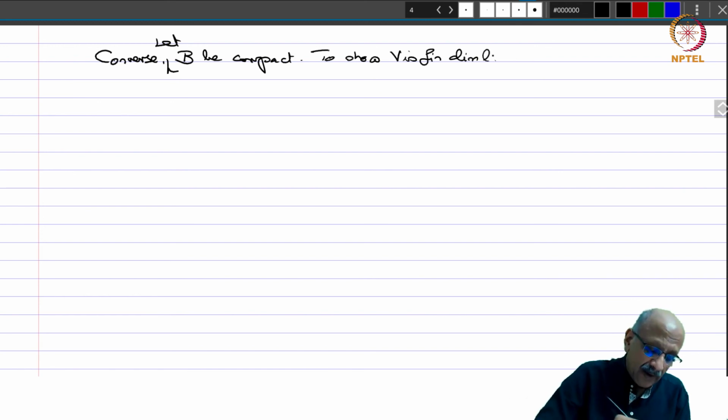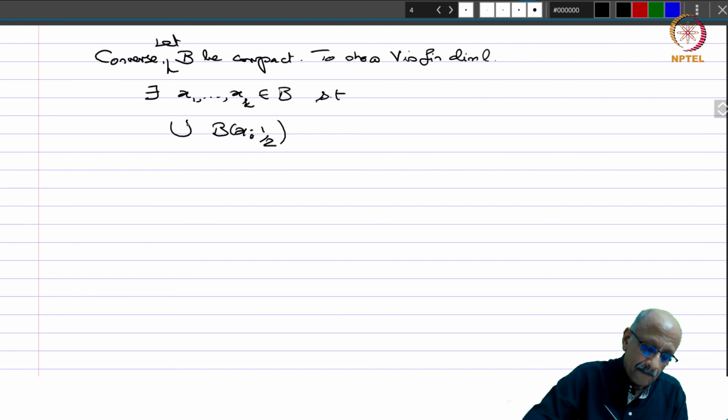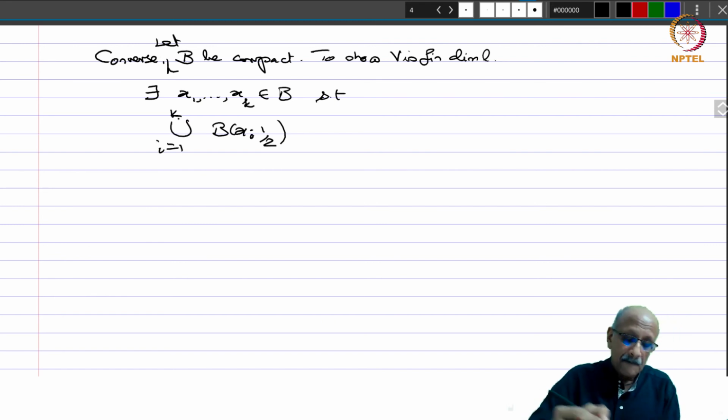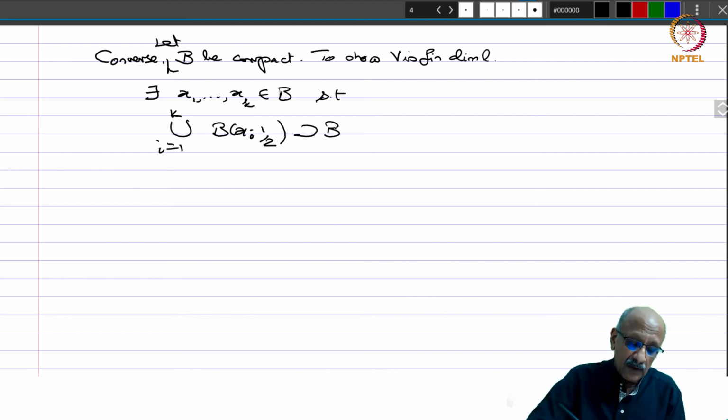So B is compact, therefore there exist some x1 to xk in B such that the balls with center xi and radius half cover B. Because if you take all balls like this, that forms an open cover, there is a finite subcover which I have extracted, and therefore you can find a finite number of points in B such that if you take the radius this, it covers B.